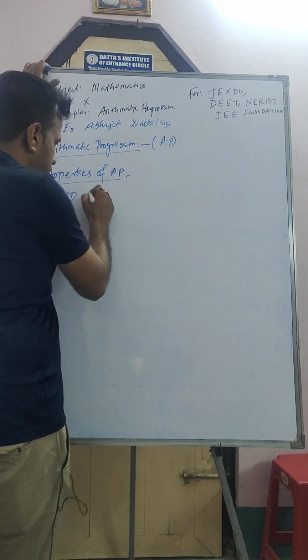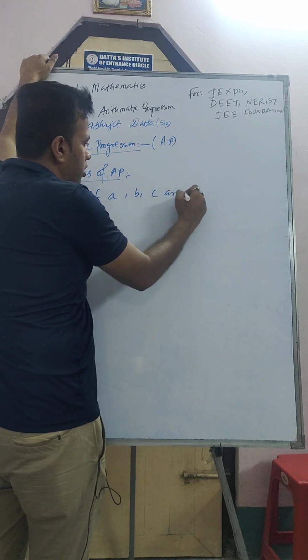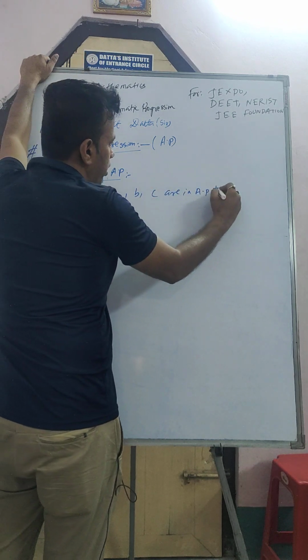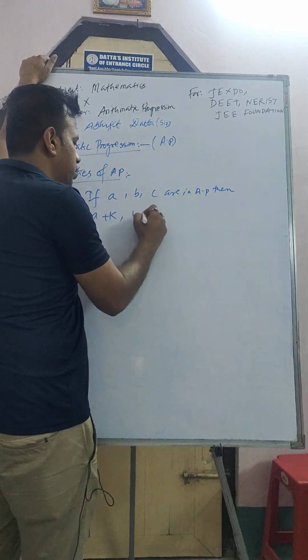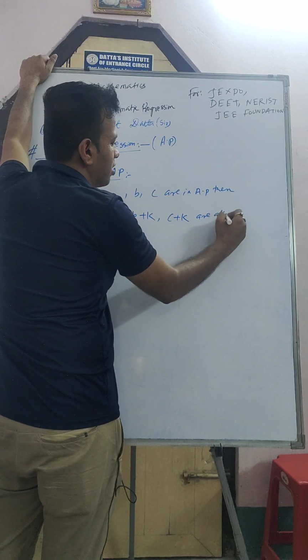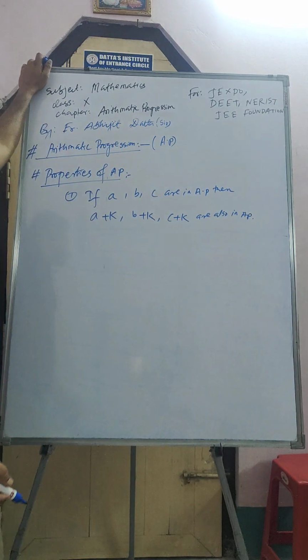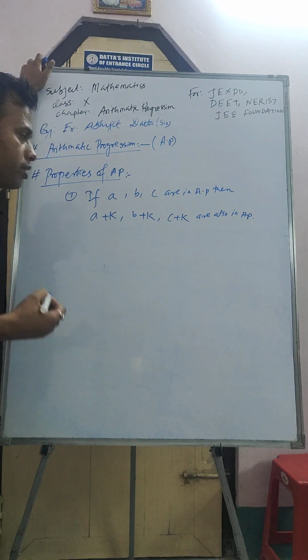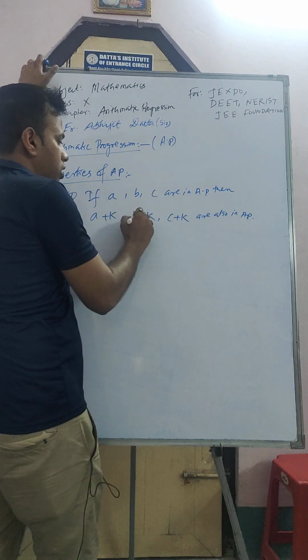Number 1, if A, B, C are in AP, then A plus K, B plus K, C plus K are also in AP. Okay, if A, B, C are in AP and K is any integer, then A plus K, B plus K and C plus K are also in AP.